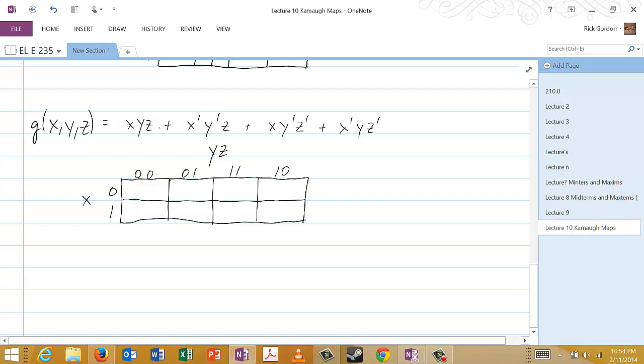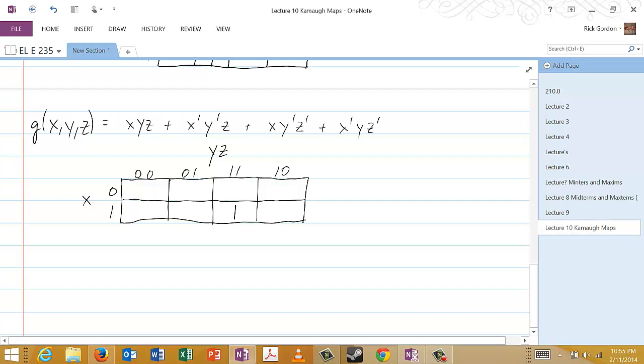That is only equal to 1 in one of these cells. And I hope that you can quickly see that that cell is this one, the 1 1 1 cell. When x is 1 and y is 1 and z is 1, then g will be equal to 1. And so we put a 1 here.